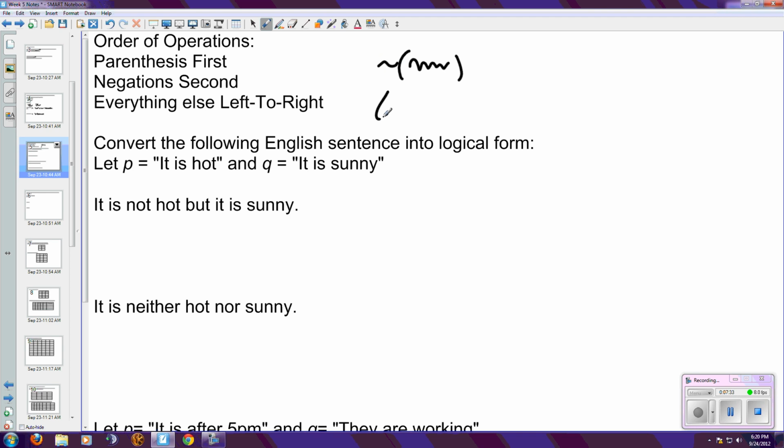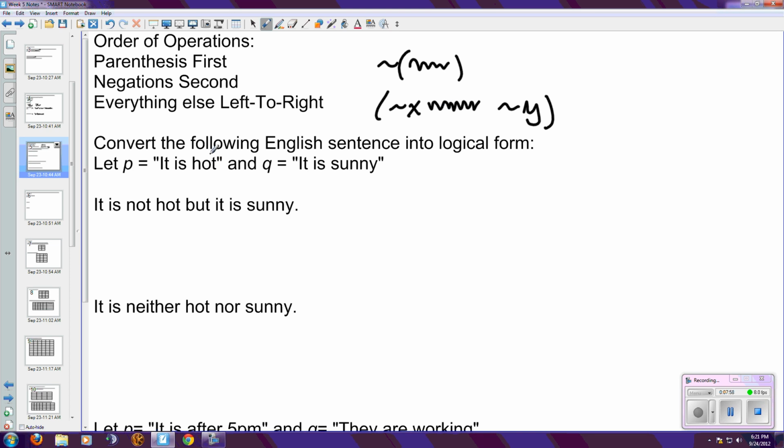If we have parentheses, negation of, let's say, x, and then some other stuff, and then negation of y, it has to be noted here that the negations actually come first within, and then we perform the rest of the operations within parentheses. Everything else after parentheses and negations, just read it from left to right.